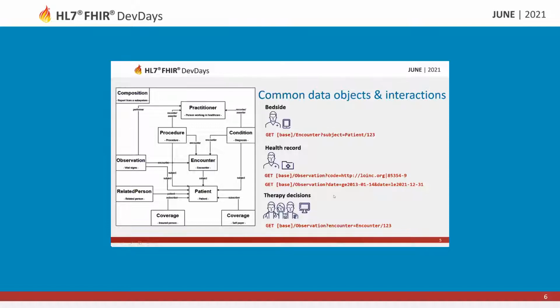When you want to draw vital signs into the health record or medical documentation system, you could use different interactions to filter for particular types of vital signs or vital signs in a given time range. And on the bottom, you might get, with an interaction on vital signs, other observations for a given encounter.